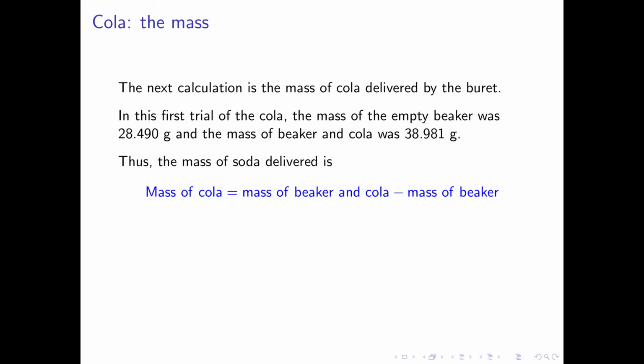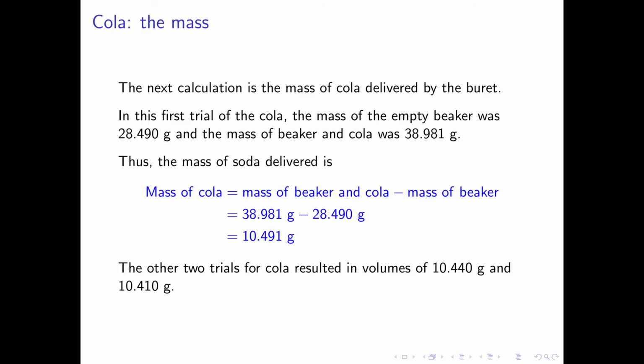Thus, the mass of the soda delivered is the mass of the beaker and cola minus the mass of the beaker, or 38.981 grams minus 28.490 grams, giving a mass delivered of 10.491 grams. For my data, the other two trials for cola resulted in masses of 10.440 grams and 10.410 grams.